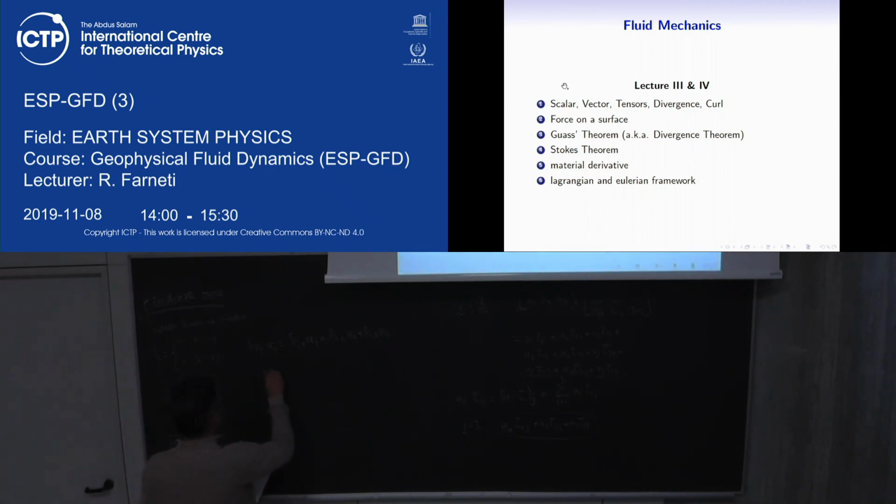So if i is equal to 1, this is equal to u1, and the other terms are 0. If i is equal to 2, the first term is 0, plus u2, plus 0. So this is ui from 1 to 3.